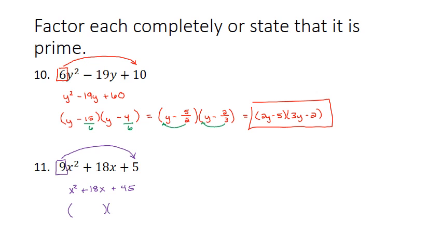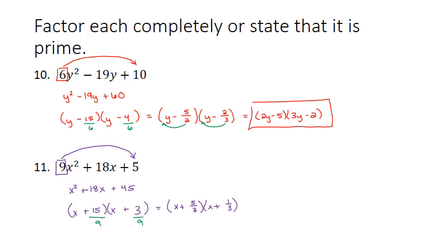So factor this like we've done the last few problems. It would be x and x, and then two numbers to get 45 and get 18, you should get 15 and 3. And then since I multiplied by 9 to make this work, I'm now going to go back and divide both of my constants by the same 9 and simplify, which would end up giving me x plus 5/3 and then x plus 1/3.